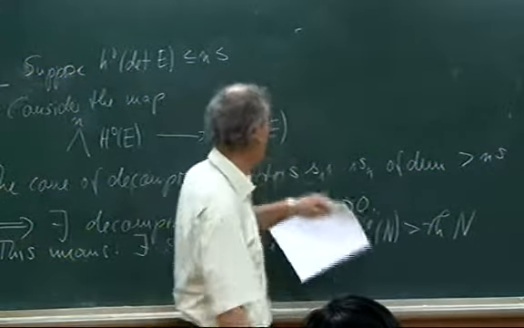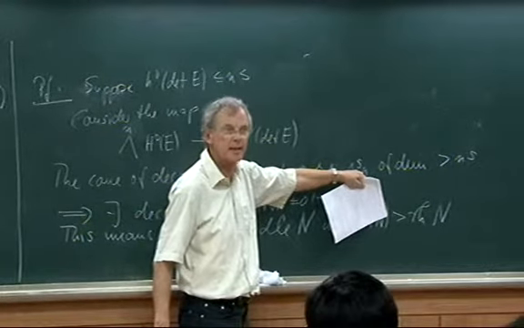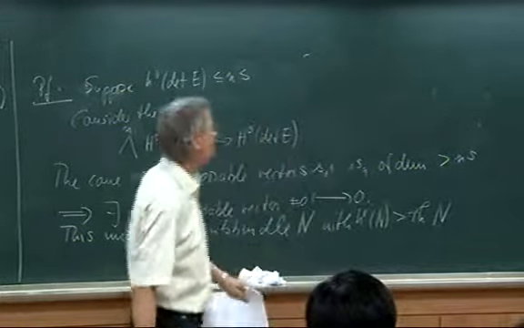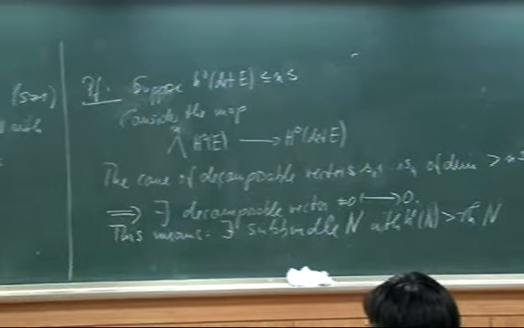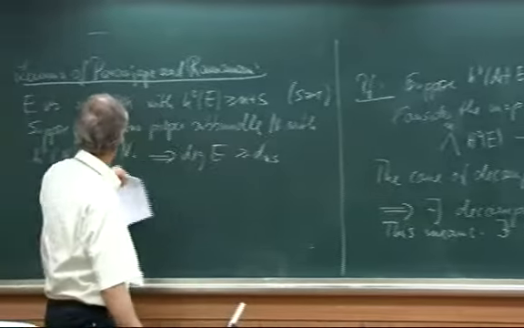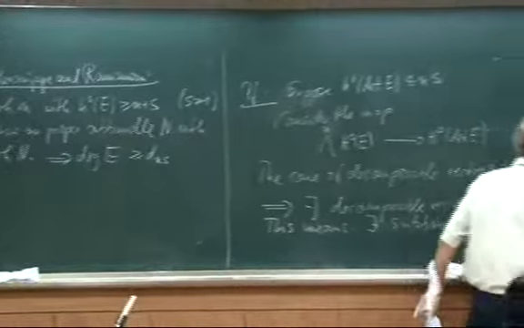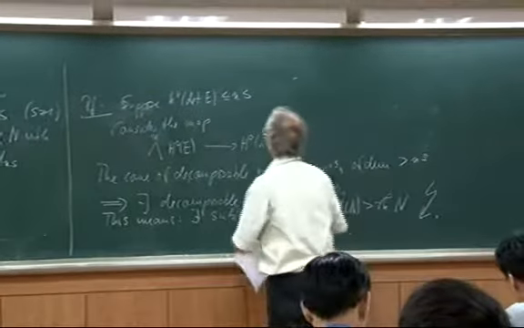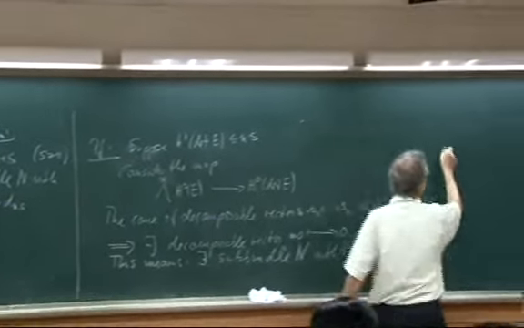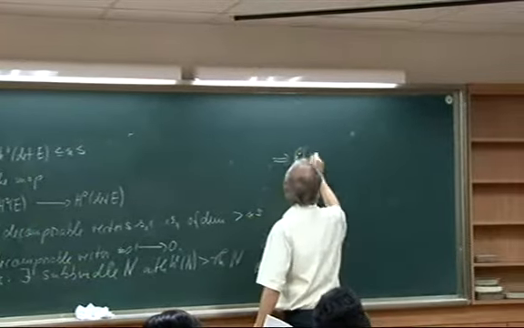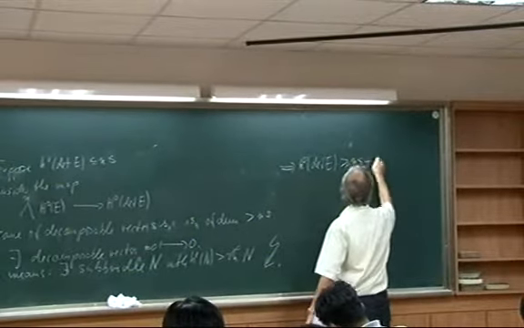But H0, these are all sections of this subbundle, so it has at least n sections. So with this property, this contradicts our assumption. Suppose it has no subbundle with H0 of N greater than n. This is a contradiction. Okay, and this assumption was wrong, so we get that H0 of det E is greater or equal to ns plus 1.